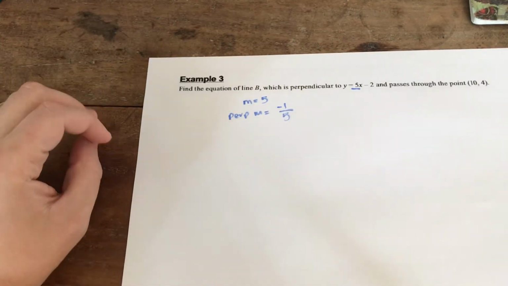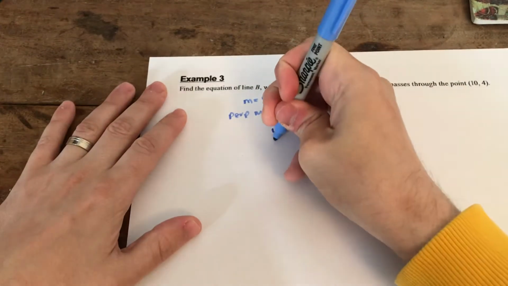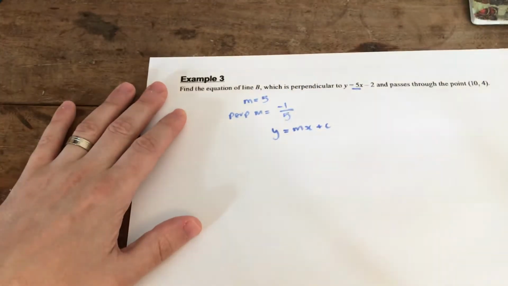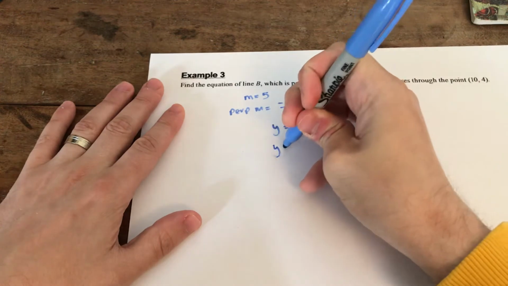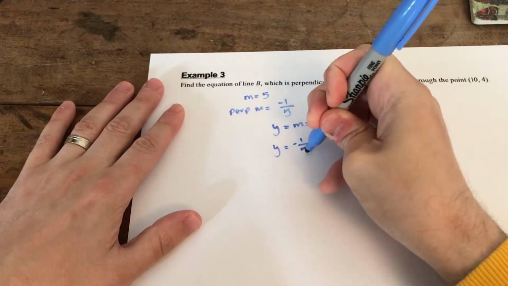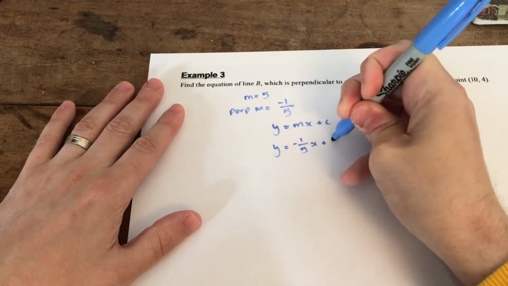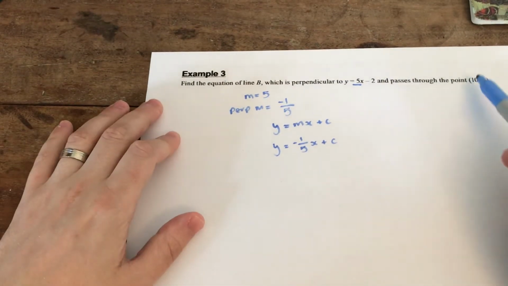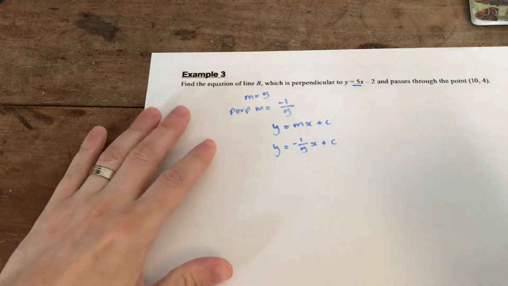From this, we substitute it into y = mx + c, and we get y = -1/5 x + c. We then take our point, which is (10, 4), and substitute it in.